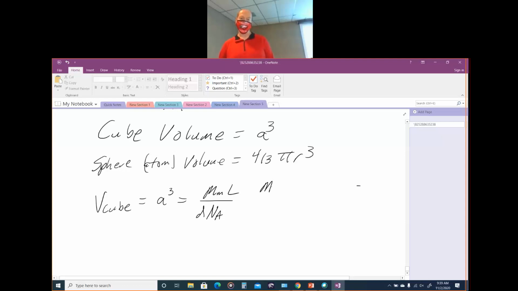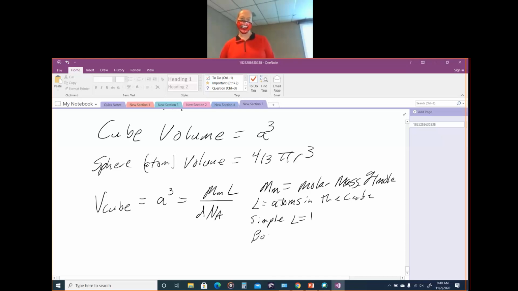M sub M is your molar mass, and that's in grams per mole. L is atoms in the cube. All right, so again, simple. Simple, L is equal to 1.